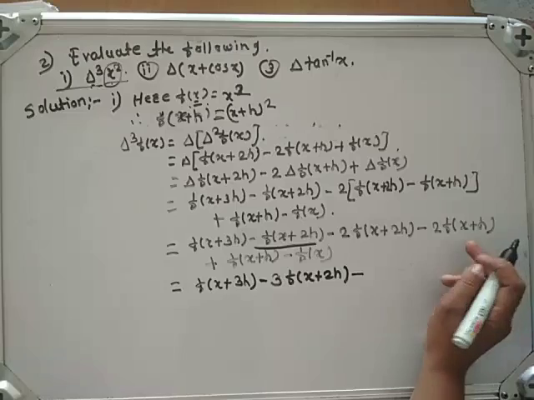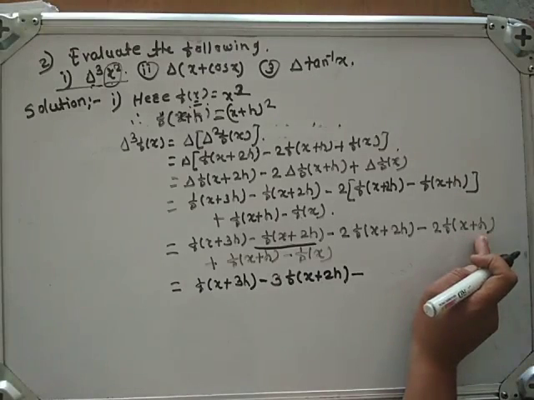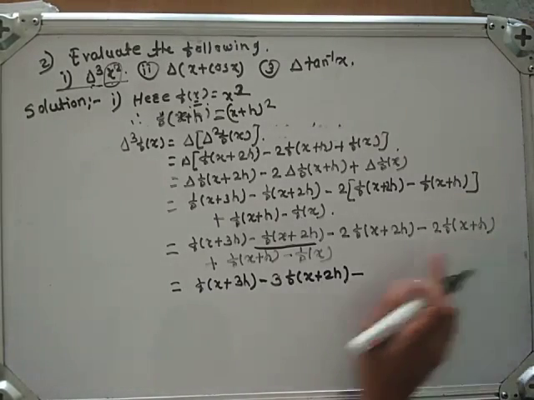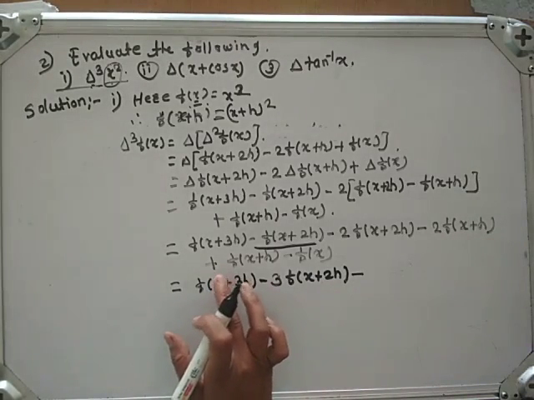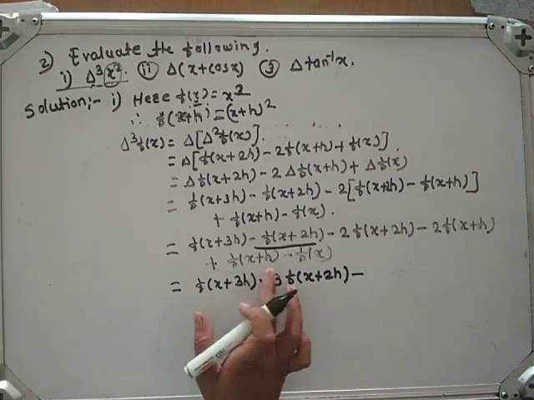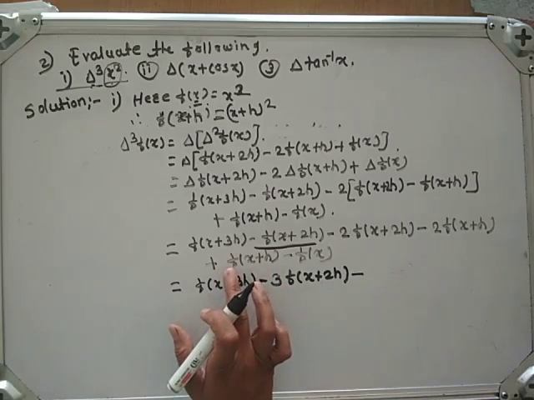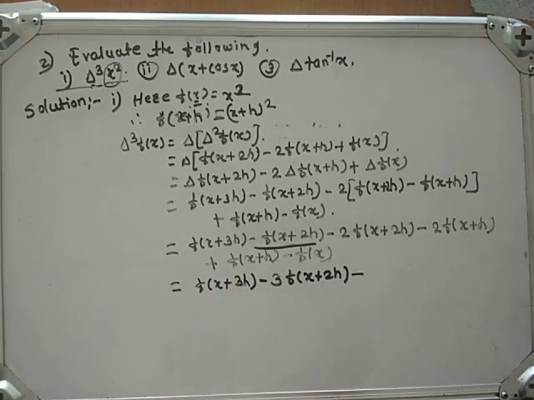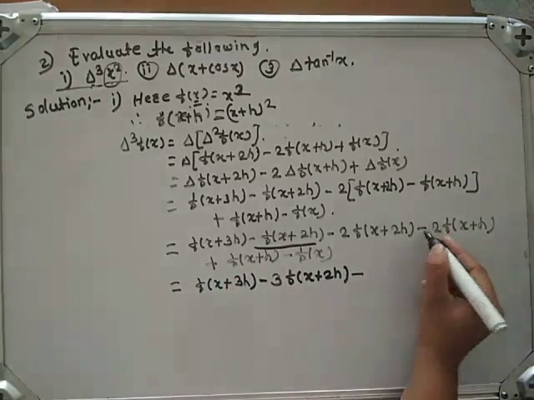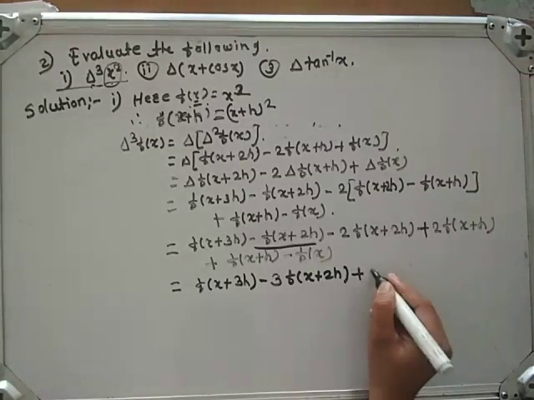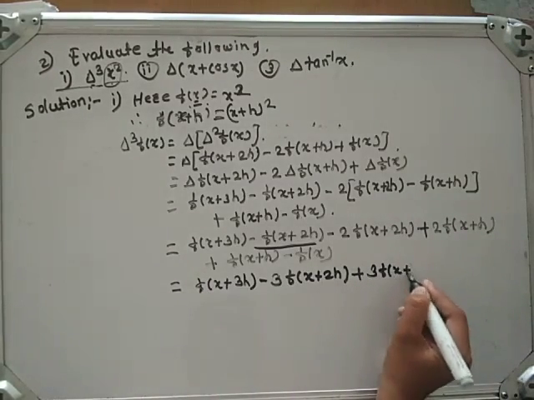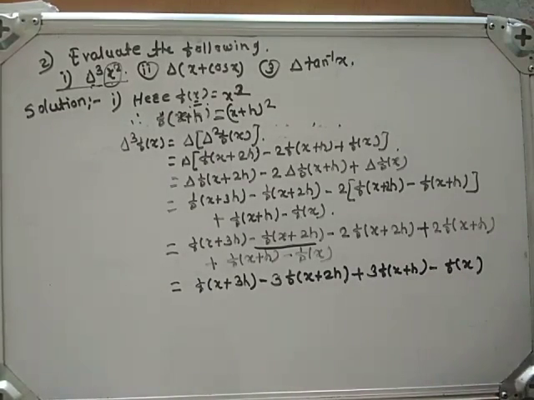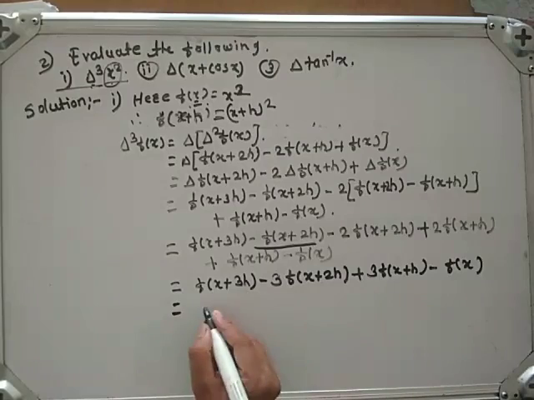Then minus 2 into f of x plus h, plus f of x plus h, so plus 3 into f of x plus h, minus f of x.